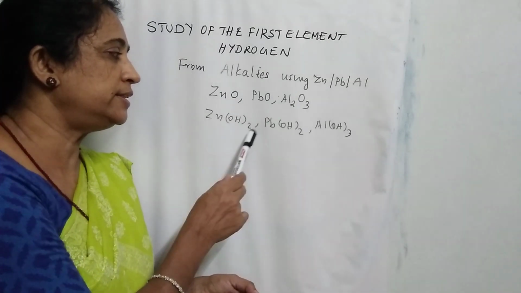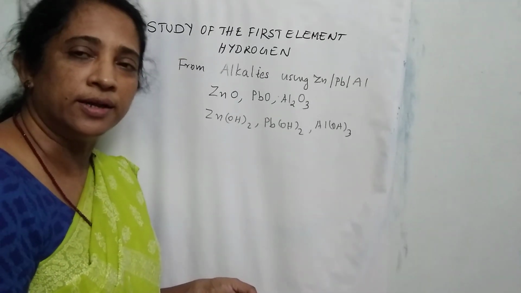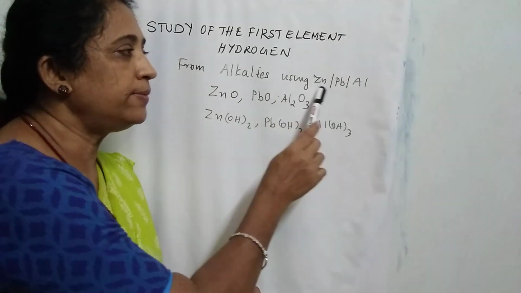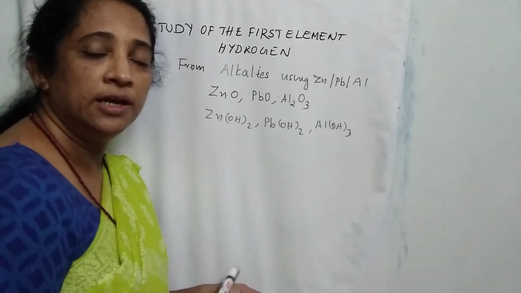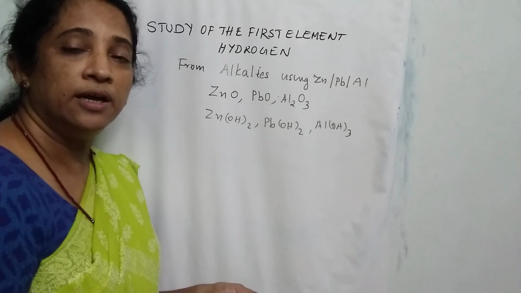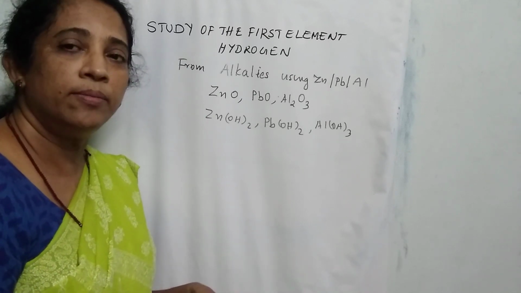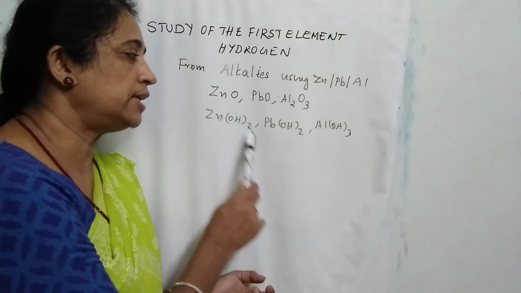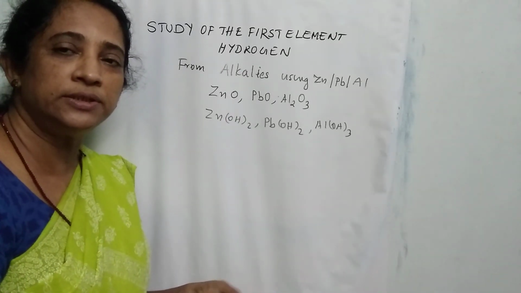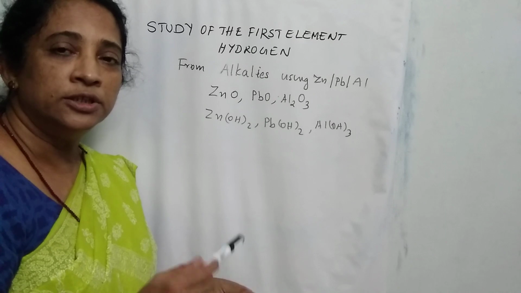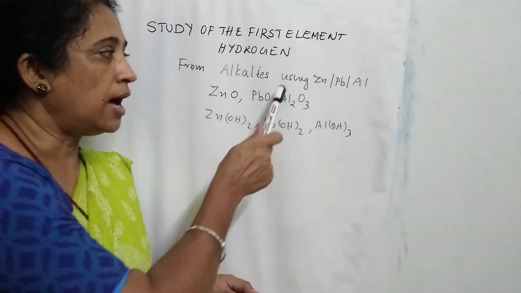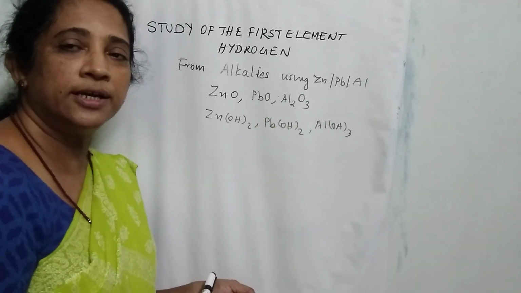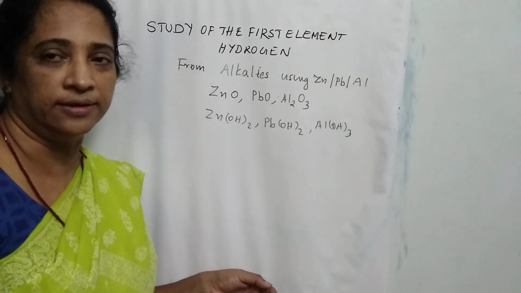From oxides and hydroxides we get water as the byproduct. From amphoteric elements, when they react with the alkalis, we get hydrogen as the byproduct. So very important: oxides and hydroxides of amphoteric elements react with the alkalis and form salt and water. The amphoteric elements react with the alkalis to form salt and hydrogen.